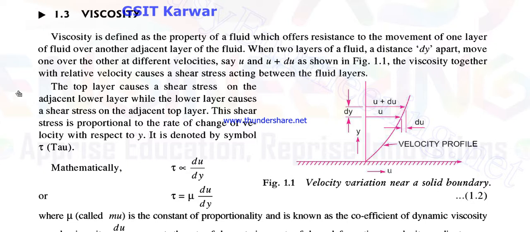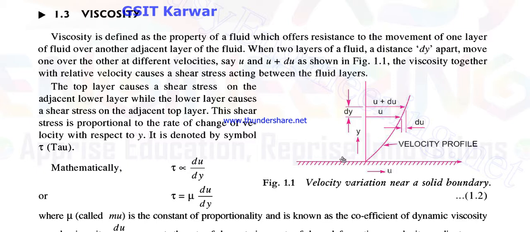The top layer causes a shear stress on the adjacent lower layer, while the lower layer causes a shear stress on the adjacent top layer. This shear stress is proportional to the rate of change of velocity with respect to y, with respect to the vertical distance y. You can observe in the figure here shown.